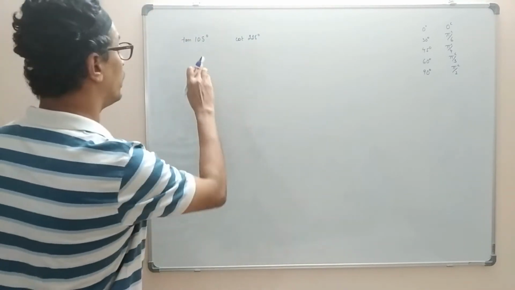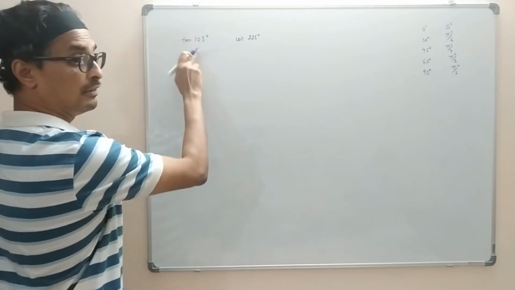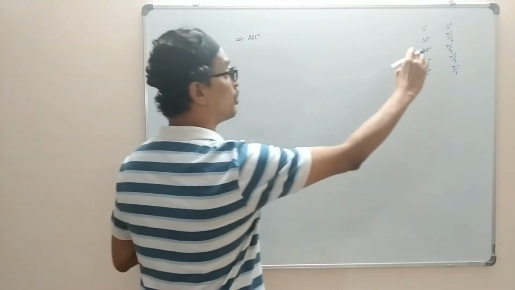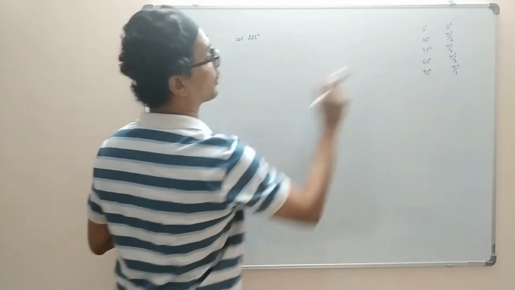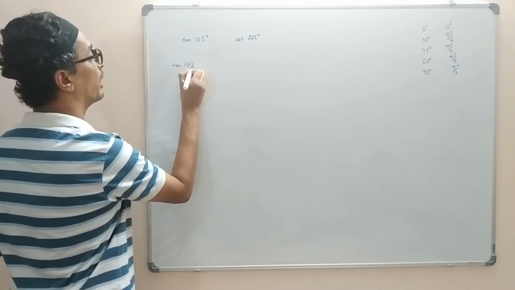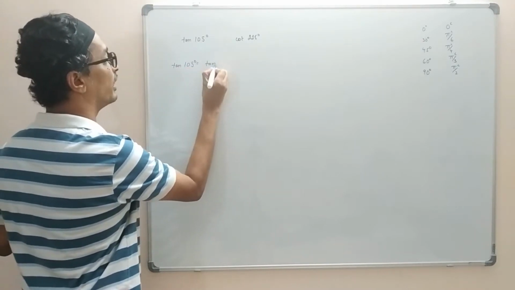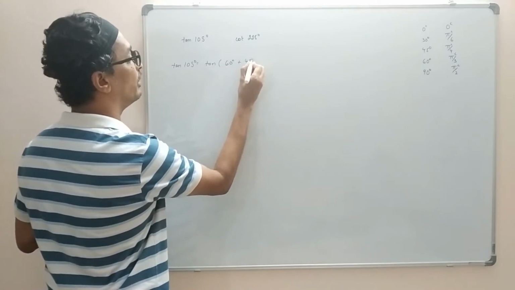So now, is there any way I can express 105 as a combination of any of these angles? Yes, of course we can find, right? Because 60 plus 45 degrees. Therefore, tan 105 degree equals tan of 60 degree plus 45 degree.